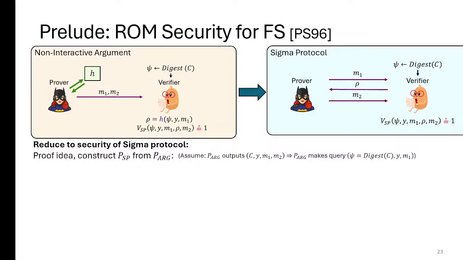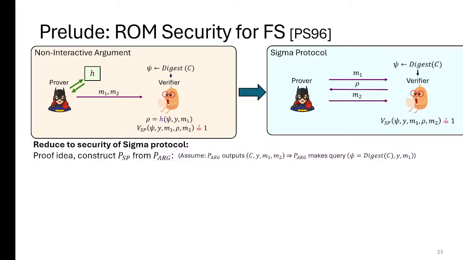We're going to assume for simplicity that whenever the argument prover outputs its attack, C, Y, M1, and M2, then it must make the query psi, which is the digest of C, Y, and M1. I'm just assuming this. Actually, if it doesn't make this query, it's even easier to show. But I'm just going to assume this.